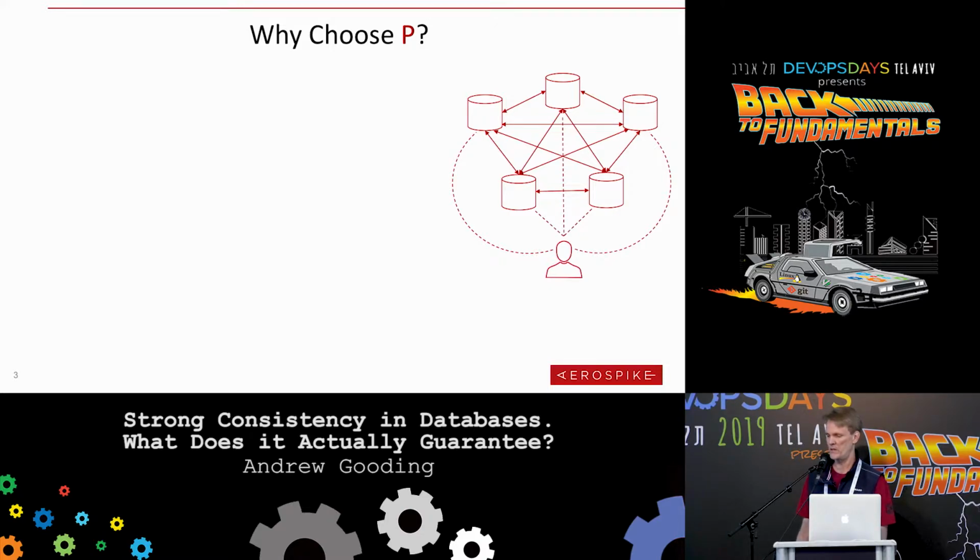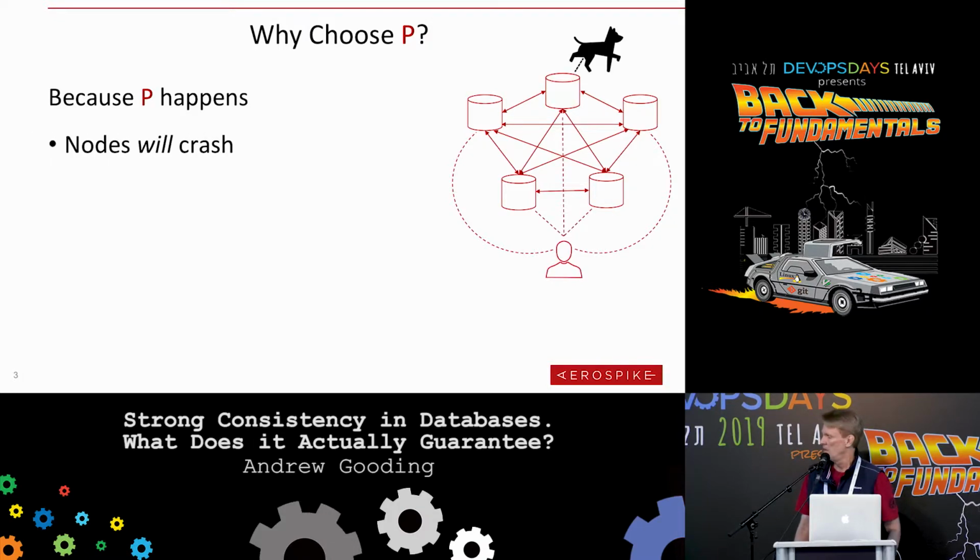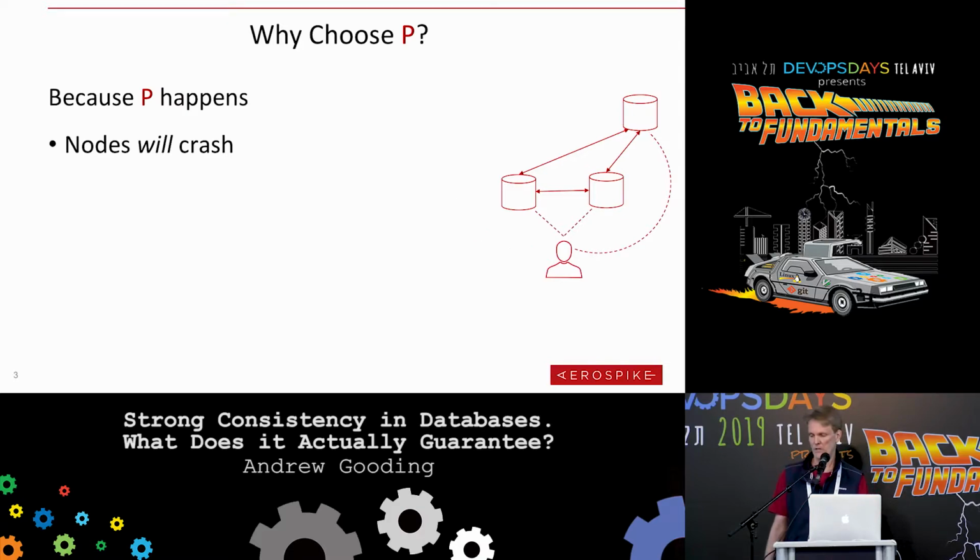And the reason is because in the real world, you don't really have a choice. Partitions just happen. Nodes go down, and it doesn't necessarily mean that your software isn't perfect. It can be hardware, it can be someone kicked the plug out, but nodes will go down.